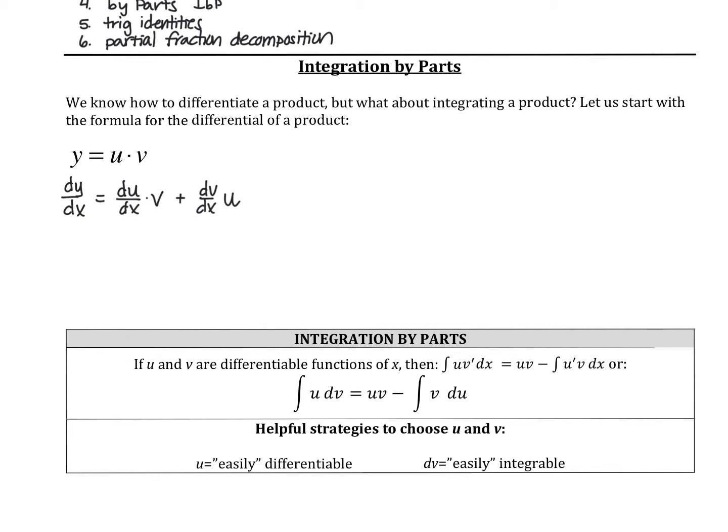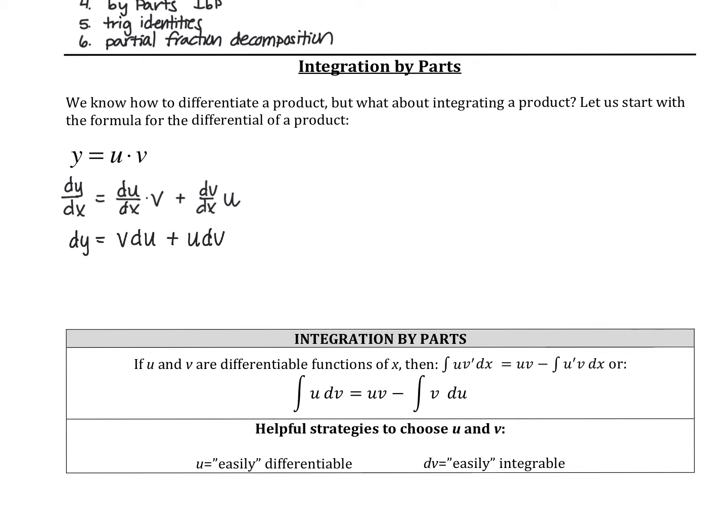Now, do you agree, since they all have the same denominator, they all have that same differential of dx, if I have an equation where every term has the same denominator, then I can just basically ignore the denominator. So let's ignore the denominator, but let's rewrite this function. So dy equals v du plus u dv. It's more in the format we're used to seeing it.